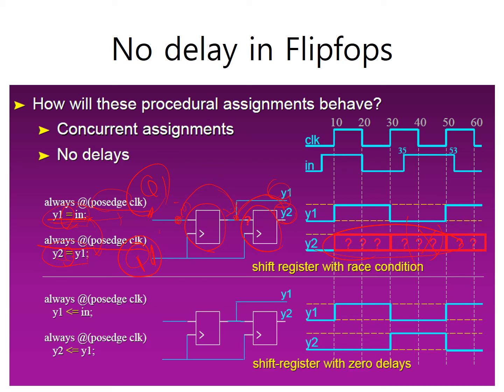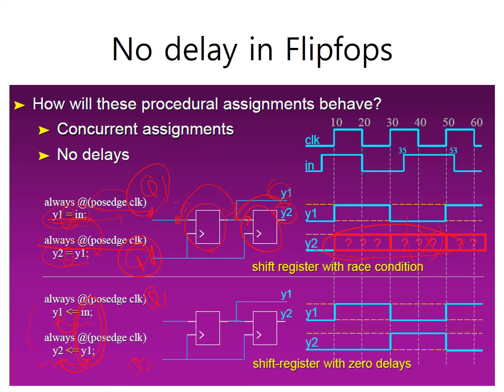But on the other hand, for the non-blocking assignment like this, the actual assignment evaluation happens in Q1 time, right? And then in Q2 time the actual assignment happens, right? So the assignment happens at two different separate times.